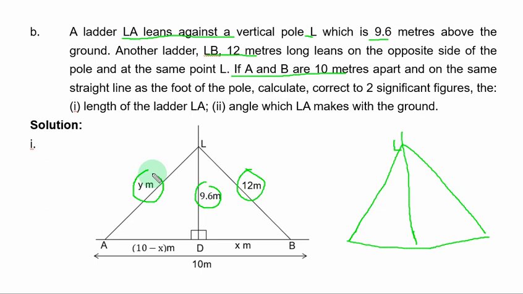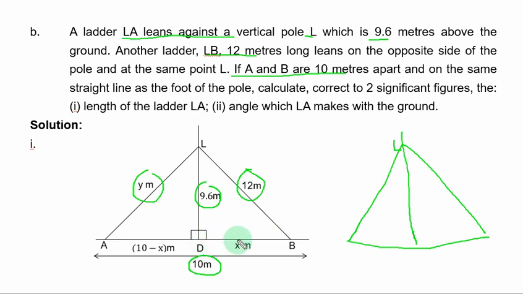Now you are asked to get the length, that is considering triangle LDA. So AD is needed. The whole length AB, that is 10, cannot be used as AD. From the information, it is easier to get BD because in triangle LDB, two sides are known.